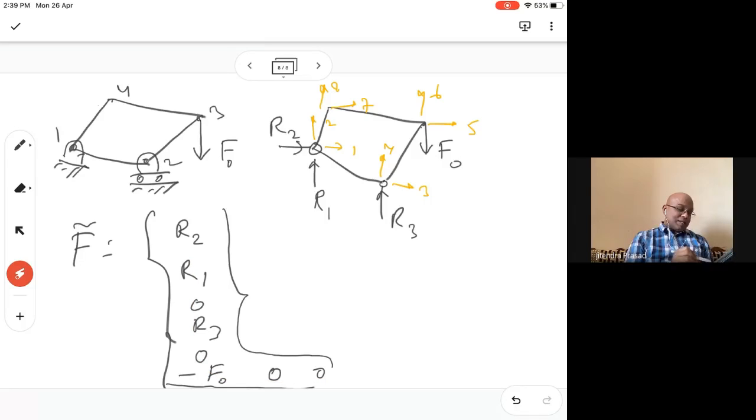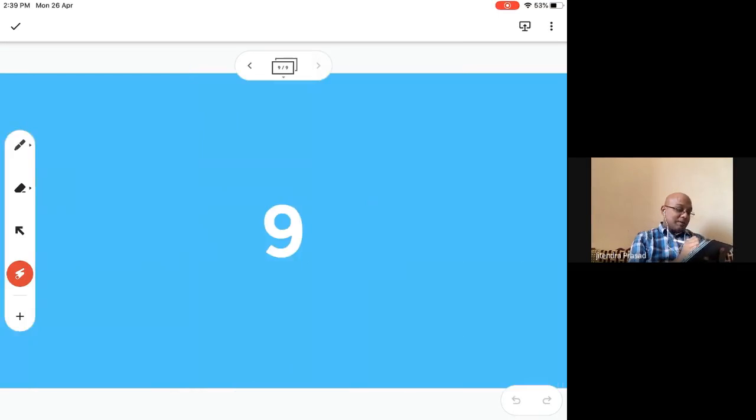So notice that it's so easy to form this force vector. You can do it like that. You can make it more complicated now. Instead of having this one, let us say the same thing we have like this.